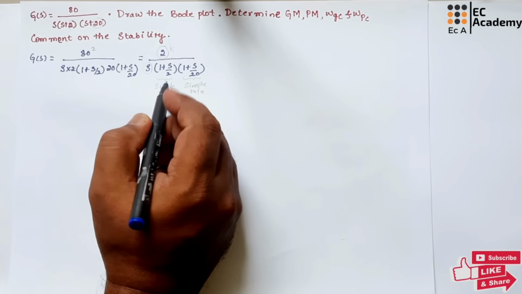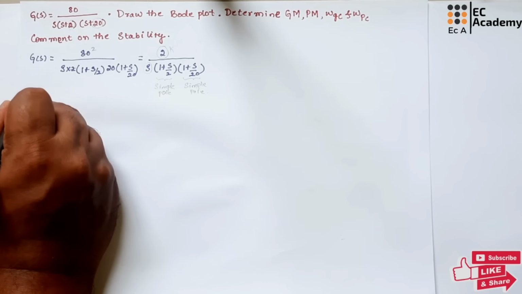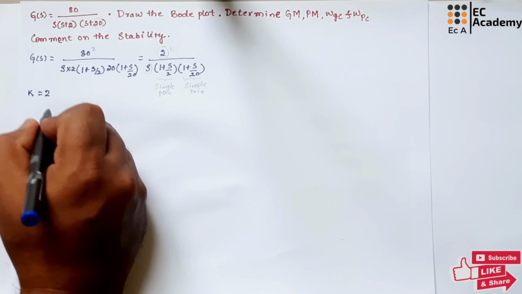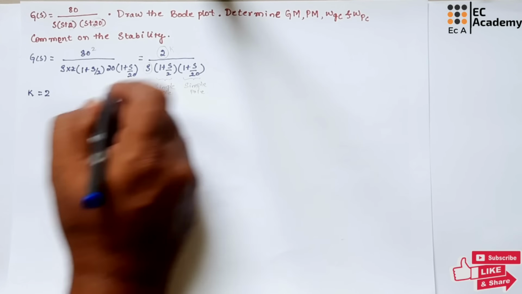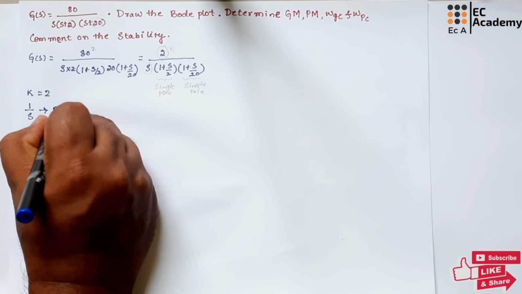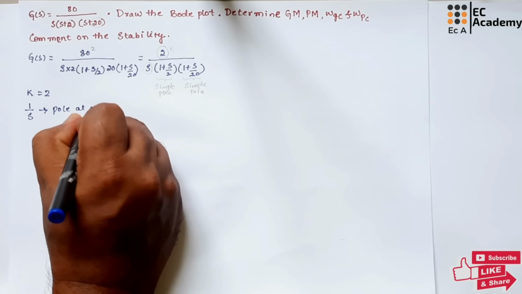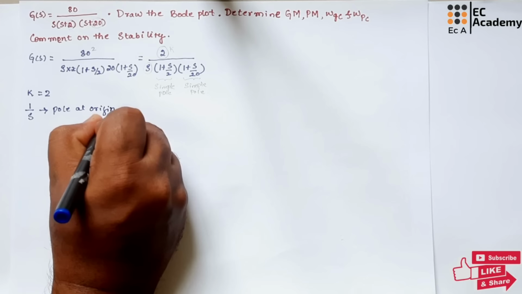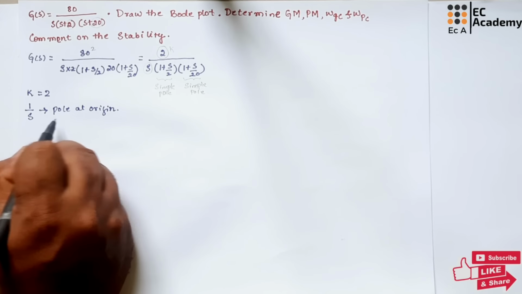From this we can identify different factors. So we have identified K is equal to 2, and also there is one pole which is 1 by s, which is a pole at origin. Okay, so this is the pole at origin.